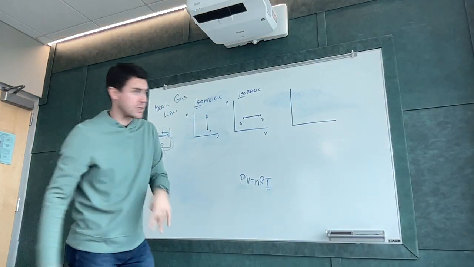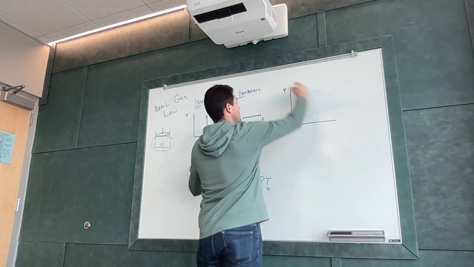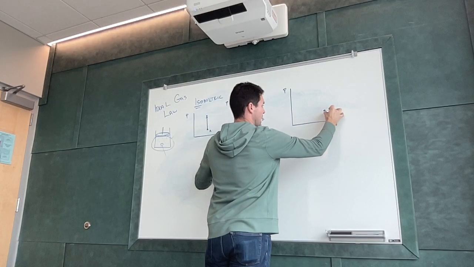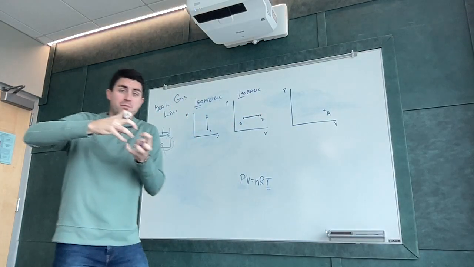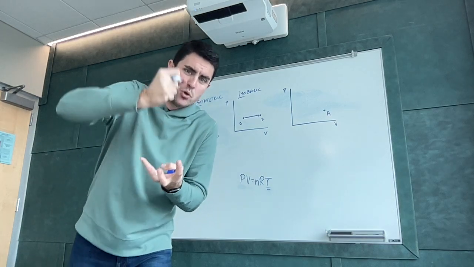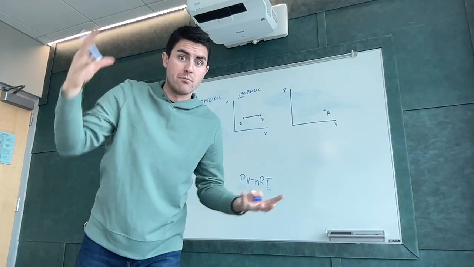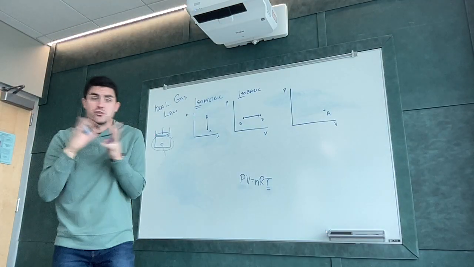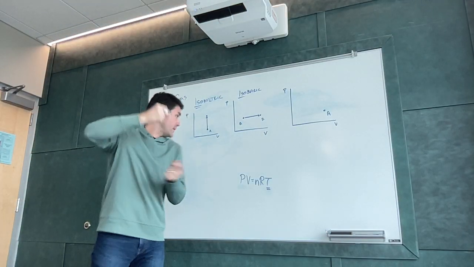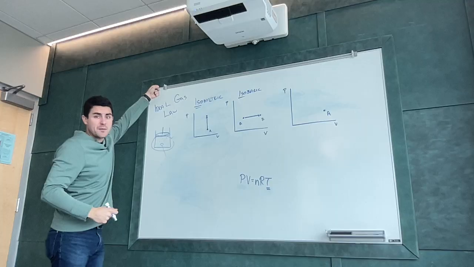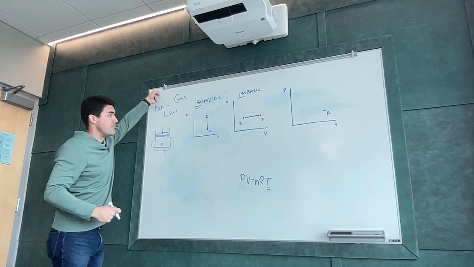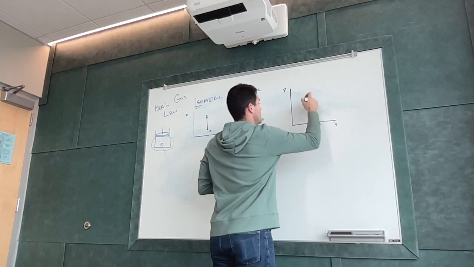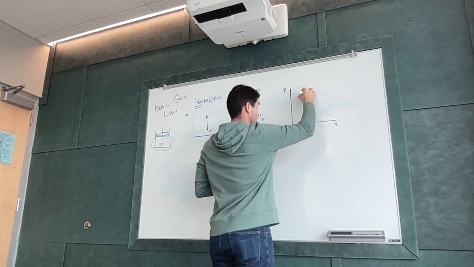If I hold temperature constant, right, P and V. Let's say I start here. If I hold temperature constant and I expand the gas, I take that piston and pull it out, I'm creating more space. But if temperature stays the same and the particles don't move around faster, if I lift the piston, I increase the volume.